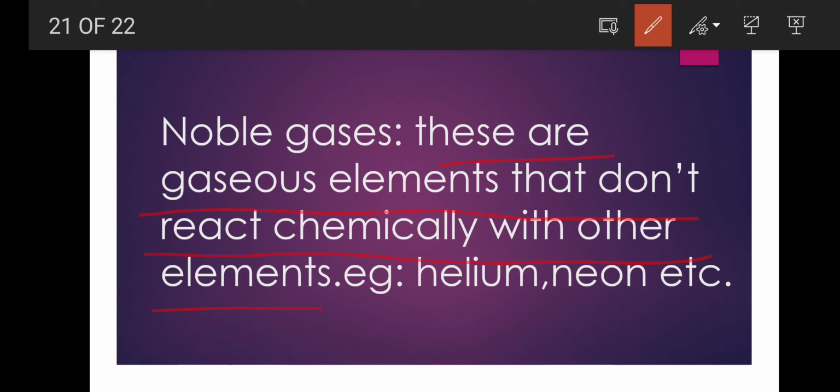As a result they are known as inert gases or noble gases. They are found in air only in traces, meaning a very small amount, and the total number of inert gases is 6. And what are they? These 6 inert gases: helium, neon, argon, krypton, xenon and radon.